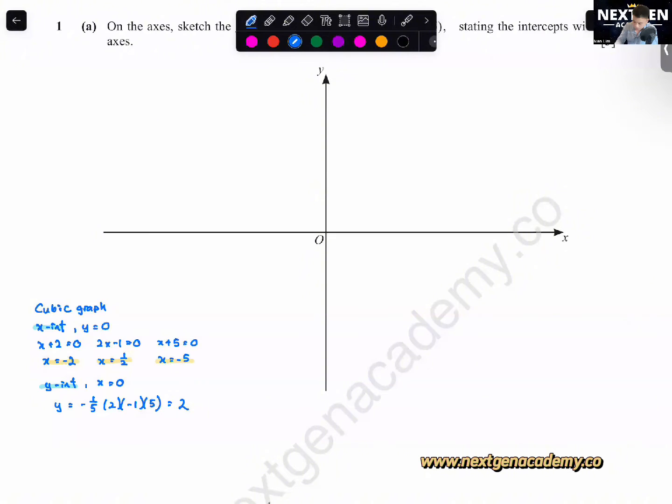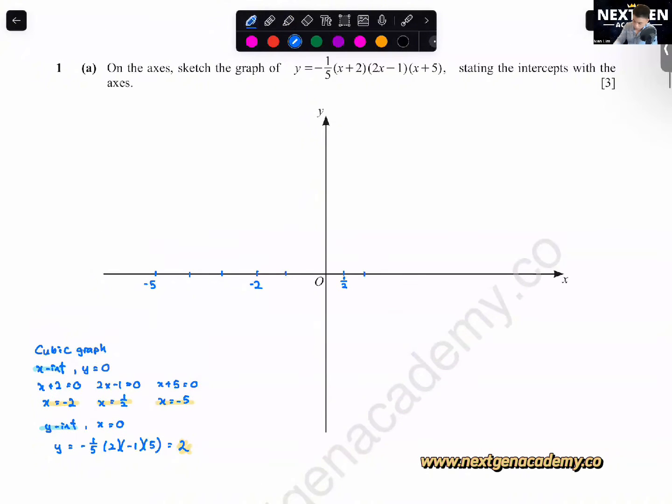Let's start here: 1, 2, 3, 4, 5. Try your best and use your ruler also. Negative 5, negative 2, and let's say this is 1 over 2. Then your y-intercept is equal to 2, around here.